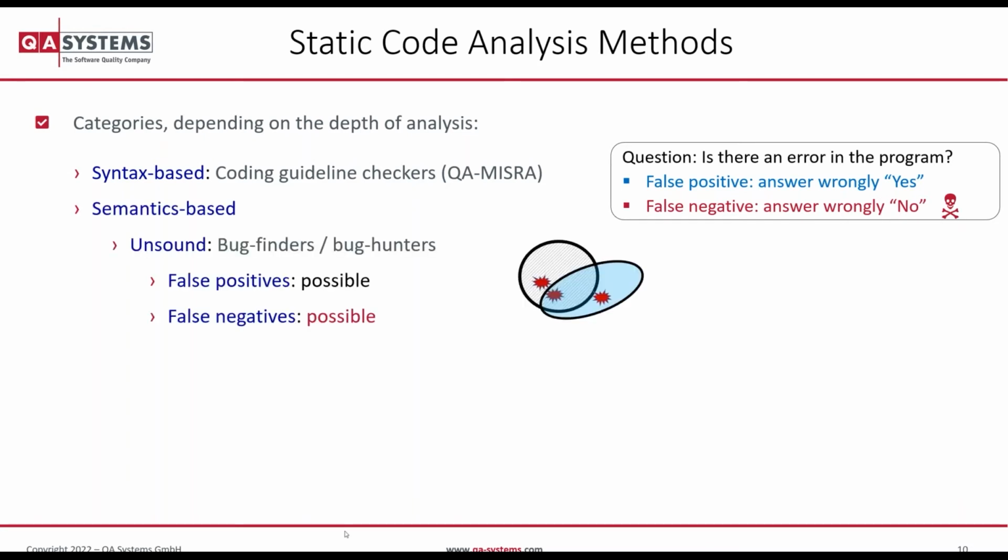The second style of tools are then tools which are also semantic based. These are typical bug finders, bug hunters like Coverity, Klocwork, QAC, and so on. The thing is, false positives are possible, but false negatives are also possible. I would like to show that with the graph here.